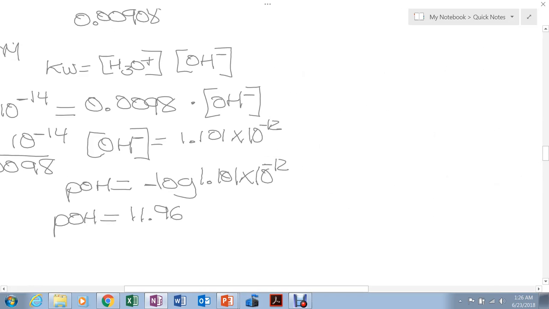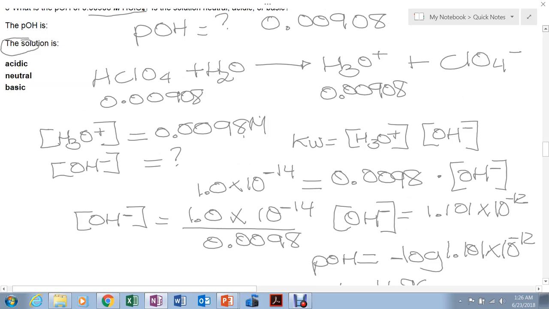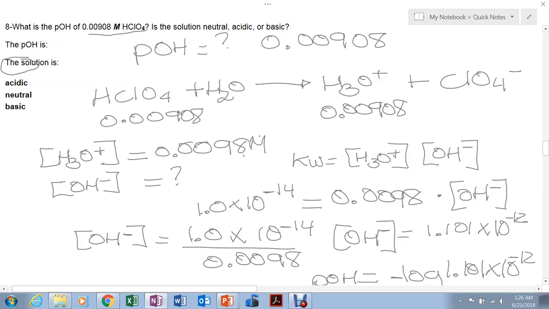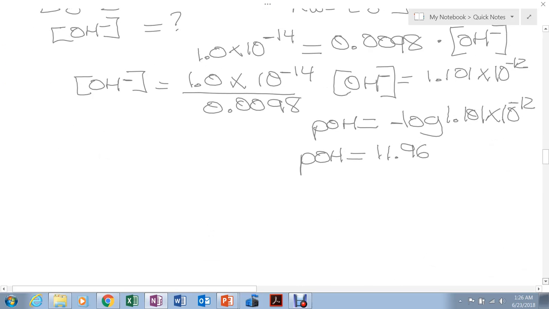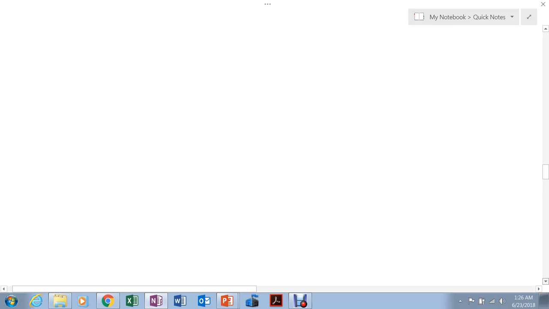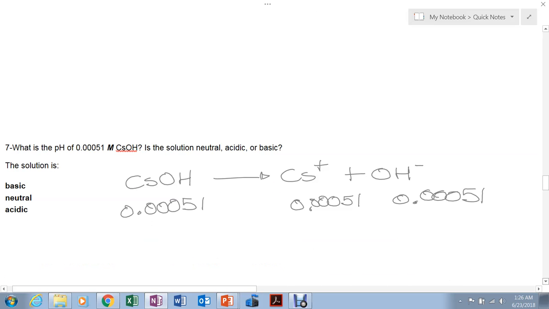The H3O plus is given because it's here, the ionization of the acid. So the concentration of H3O plus is given here. We find the OH, the hydroxide, and then the pOH. Is that what the problem is asking for? Like I said, number 7 was very easy, similar to the 3.